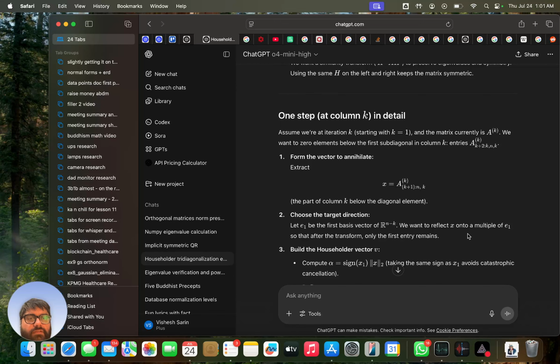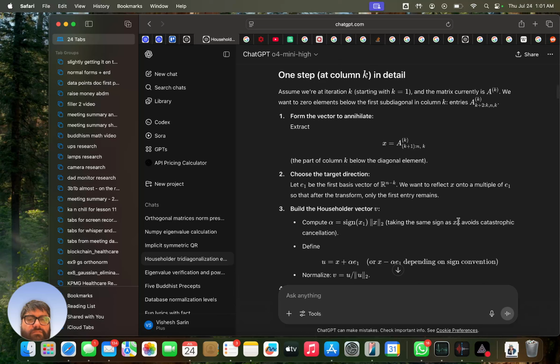We want to reflect x onto a multiple of e1 so that after the transform only the first entry remains.